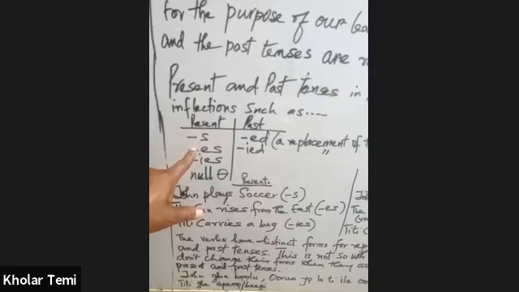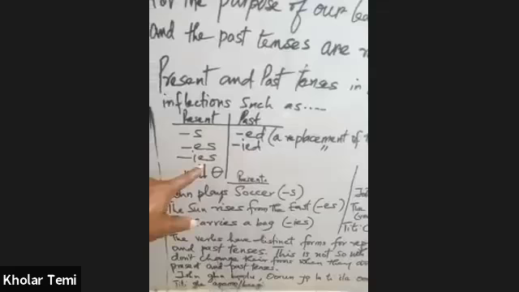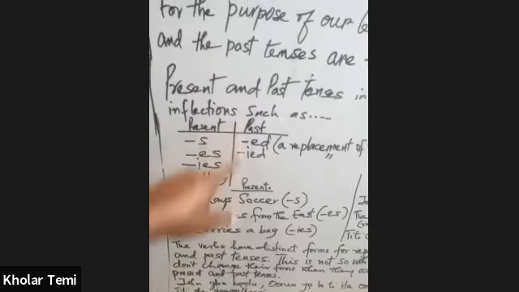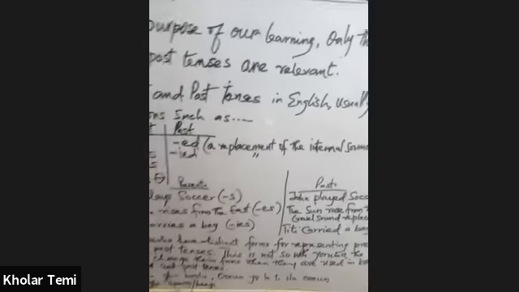For the present, there are some words you add S, you add ES, you add IES. Yes, there are some null. But in past, you add ED, some IED. So the ED is a replacement of the internal sound of the verb.